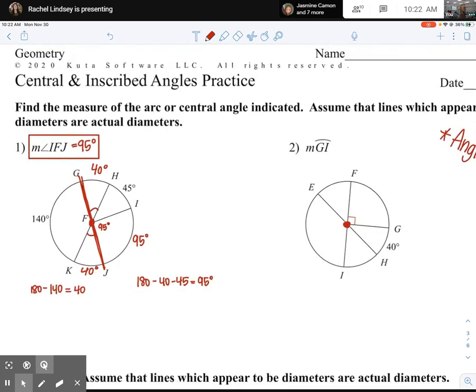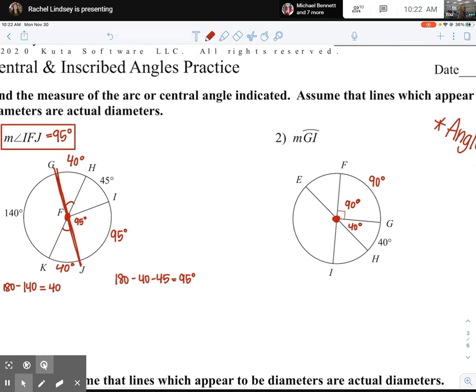Okay. So this has a 90-degree angle. This one's 90. This is 40. And then how could I find what HI is? Subtract what? 180 minus 90 and 40.